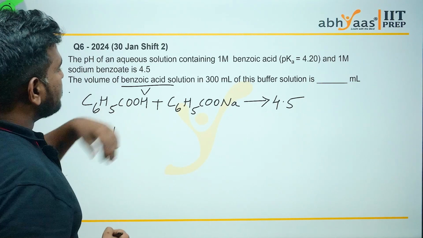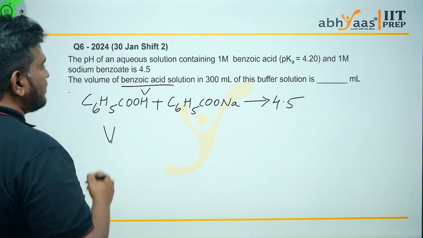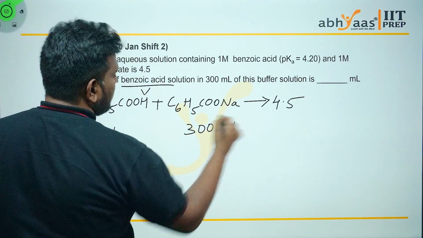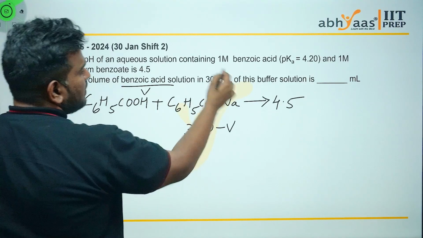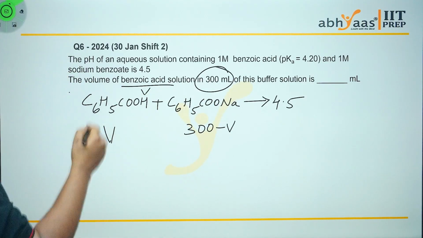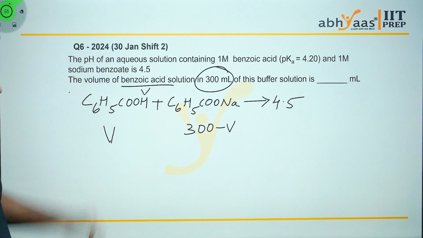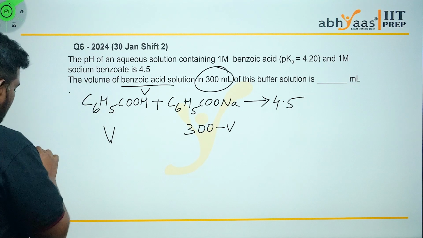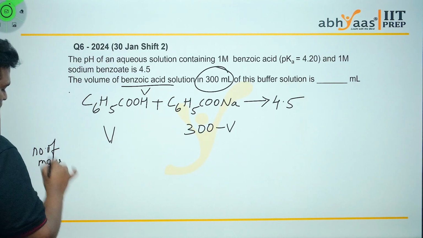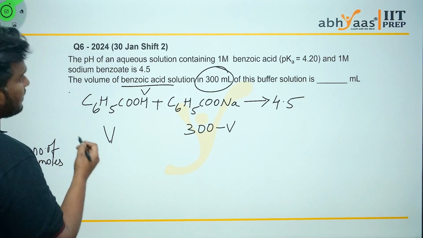Now what is the volume of this particular salt? It will be 300 minus V, because the total volume of the buffer solution is 300 ml. So the salt's volume will be 300 minus V. Now you know that the number of moles can be found out by the formula molarity into volume. What is the molarity?